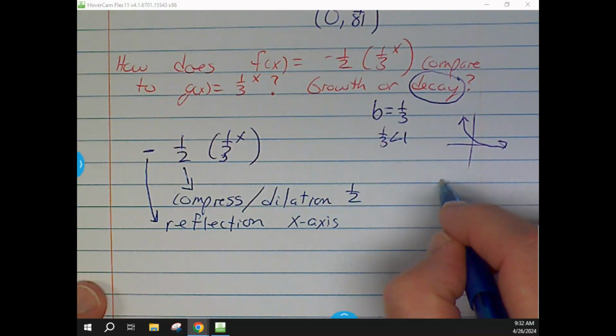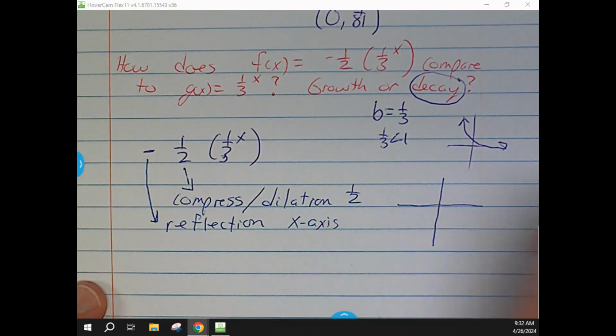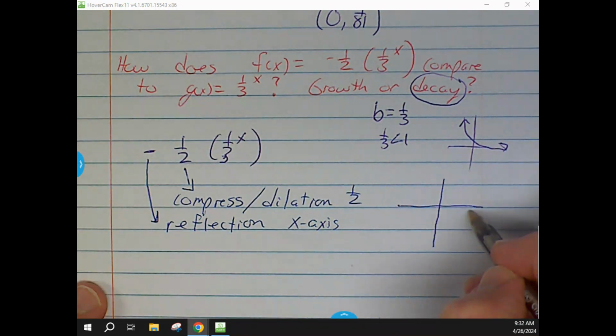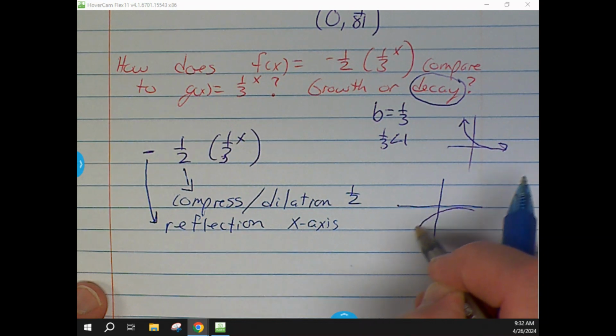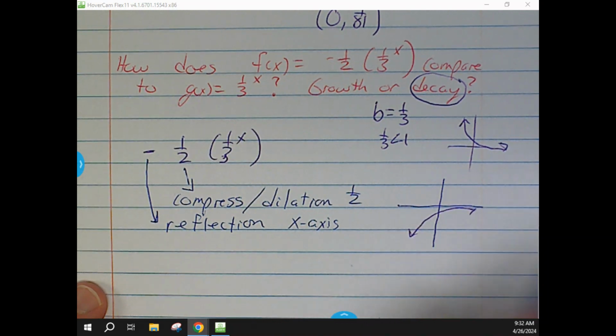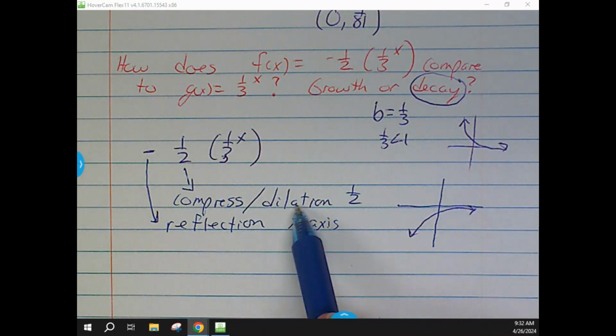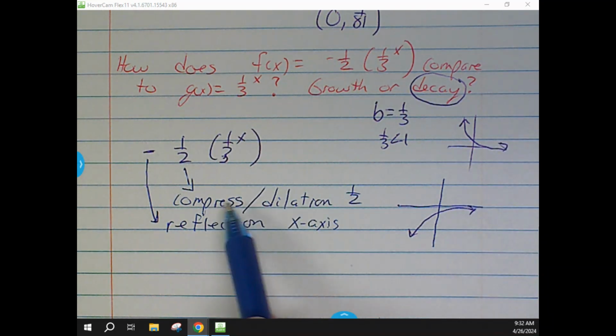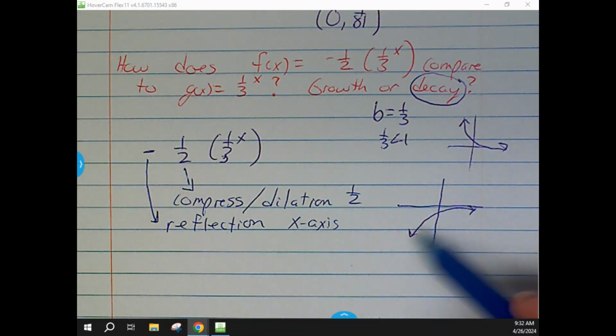If you had to do just a quick sketch of this graph, we're going to take this graph we've got, compress it a little bit, and then also reflect it, which means that graph would look something kind of like that. The weird thing with dilations is that if you're moving it around like this, you're not really going to see the compression or stretching because it's not stacked on top of each other.